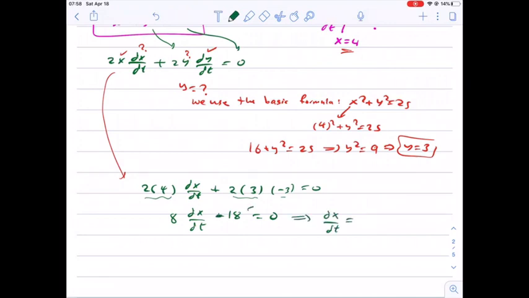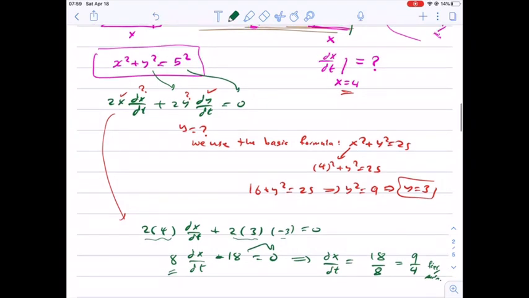Now we solve for dx over dt. Dx over dt is positive 18 over 8, and that's 9 over 4. Now this is feet per minute.